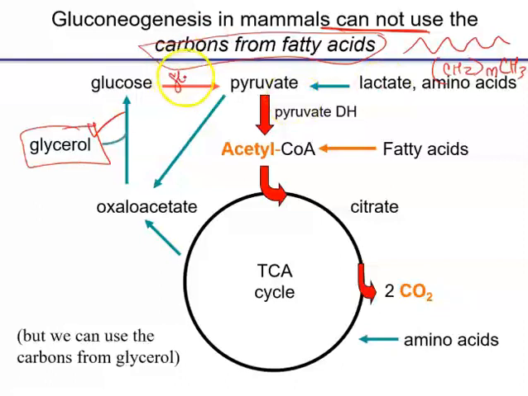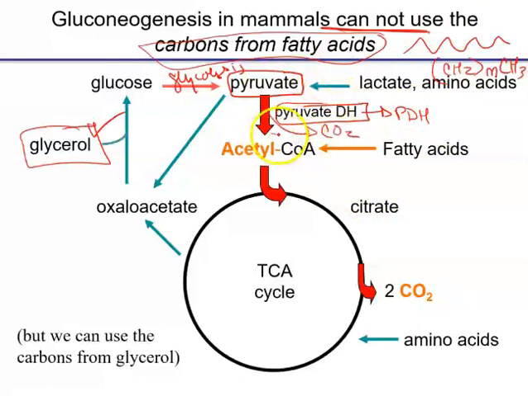In glycolysis, we can form pyruvate. And then there's a large enzyme complex called pyruvate dehydrogenase, which we abbreviate PDH. Pyruvate dehydrogenase is going to decarboxylate pyruvate. The remaining two carbons of pyruvate will be coupled to coenzyme A to make acetyl-CoA.